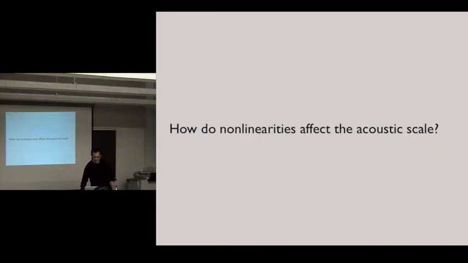Okay, so to finish, we see here very reasonable agreement between the calculation and the simulations. Now I want to get this into a more practical application. If we want to put a number on how much nonlinearities affect the measurement of the acoustic scale that will be done in galaxy surveys.